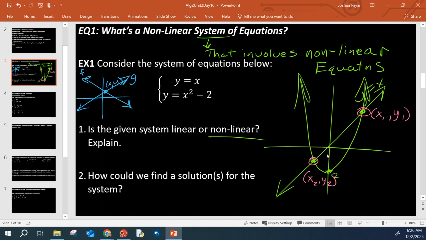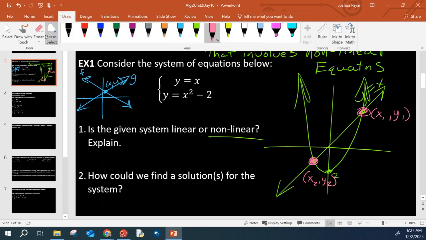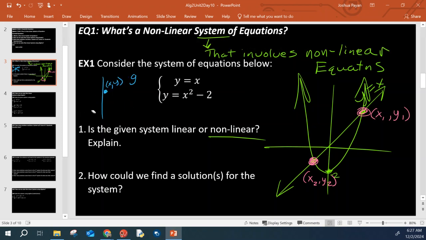So how could we find the solutions? Well, the points of intersection. Or you could also do algebra to find where these points of intersection happen. And there's not always going to be 2. It just depends on the nature of the system. Sometimes it may be 1, just like on a linear system.